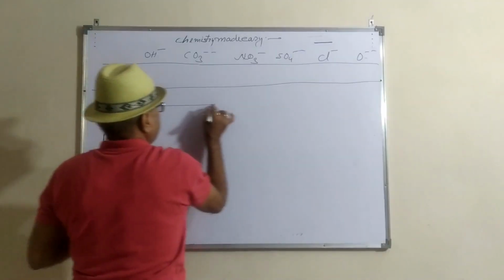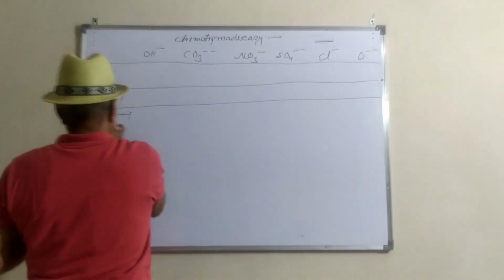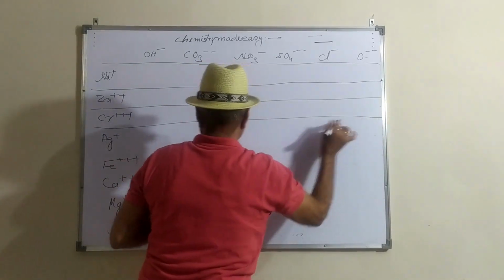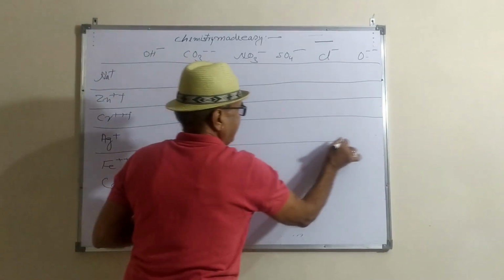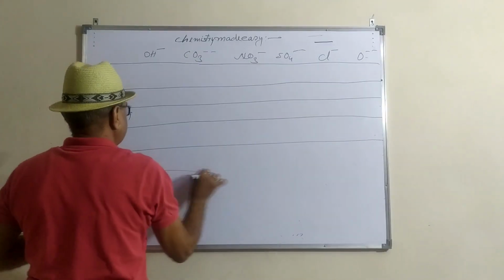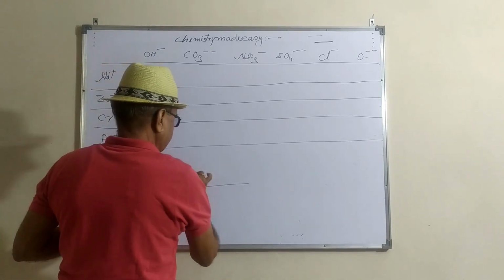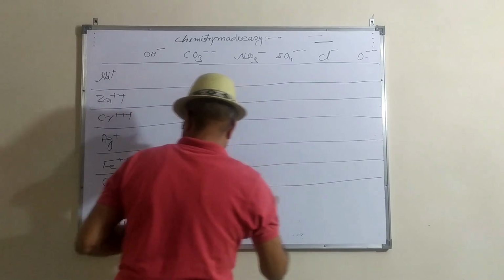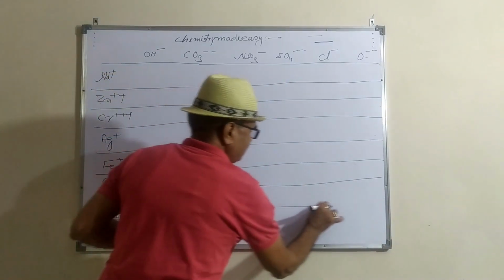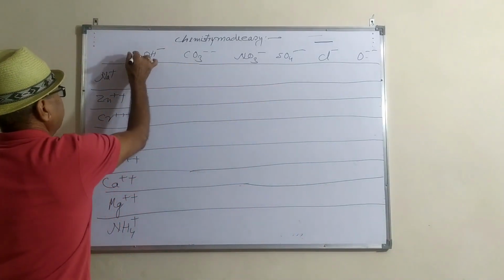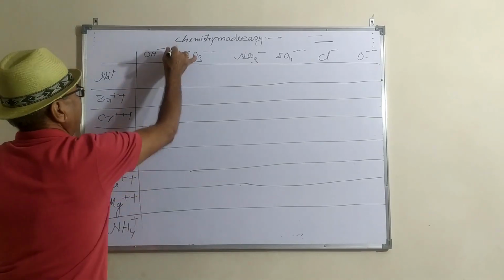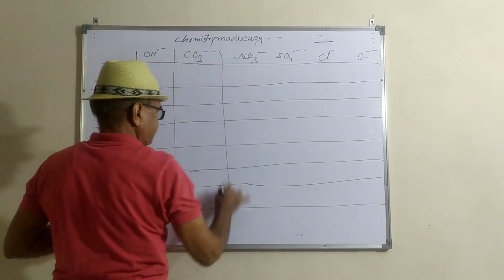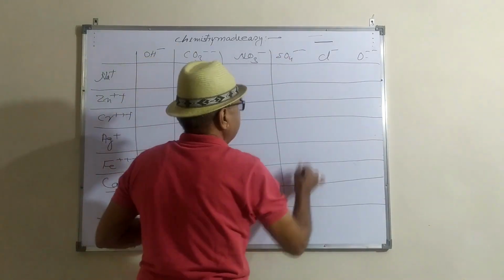A neat and clean table should be made by you to remember and practice these formulas. I think you are understanding my views. Then make a table neat and clean like this. This will be your table.